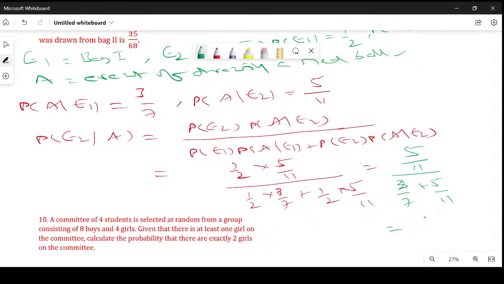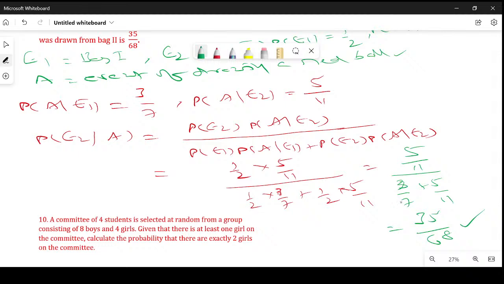Then 11 cancels, and we get 35 by 68. That will be the required answer: 35 by 68, using Bayes theorem.